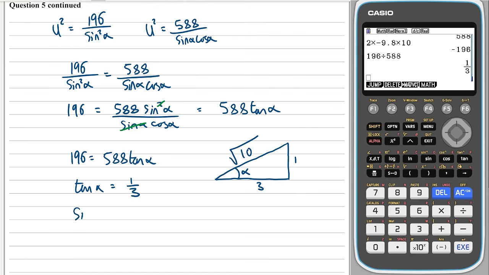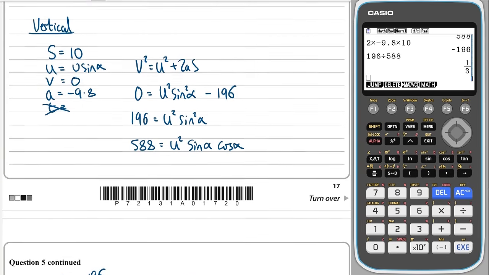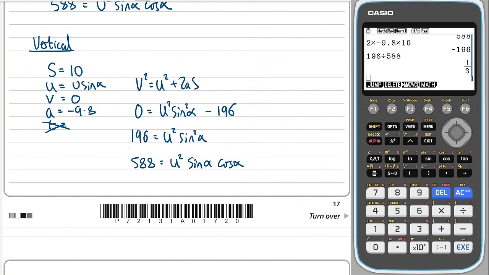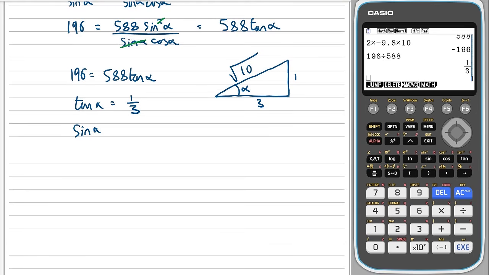And what I'm looking for is sine alpha, because then this equation will give us exactly what we want. So sine alpha in this case is 1 over root 10. And in fact, I was looking for sine squared alpha, which will therefore be 1 over 10.